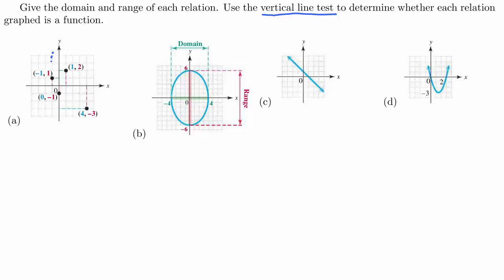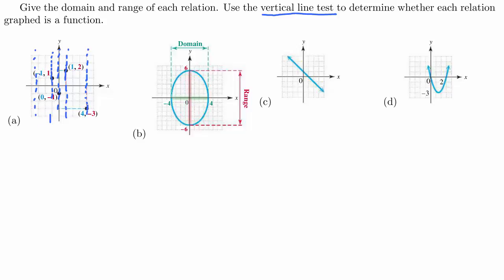A vertical line test basically says that for every vertical line that you can graph, all the vertical lines have exactly one point through that vertical line, or at most 1 point. You can have 0 points. In other words, if I graphed a vertical line over here, there's not a point there.